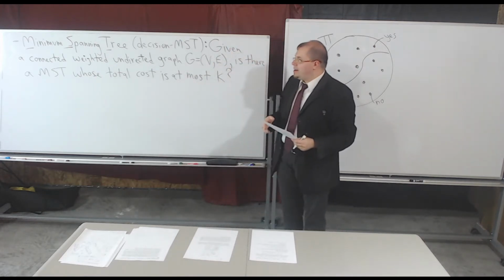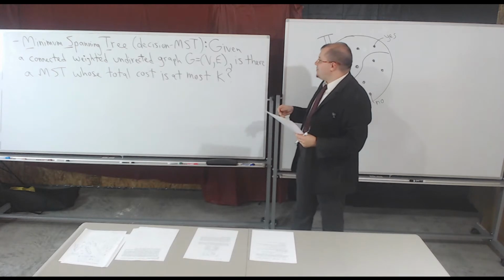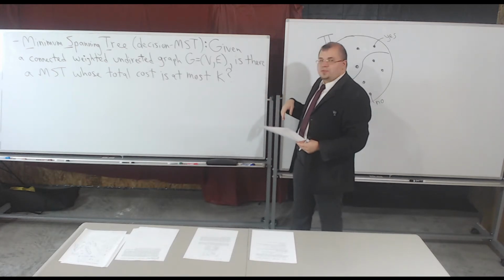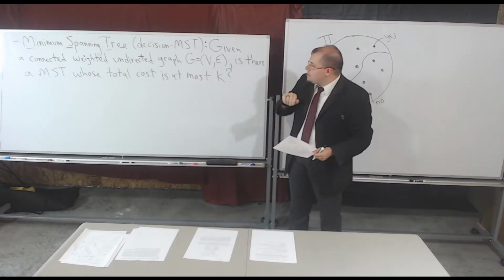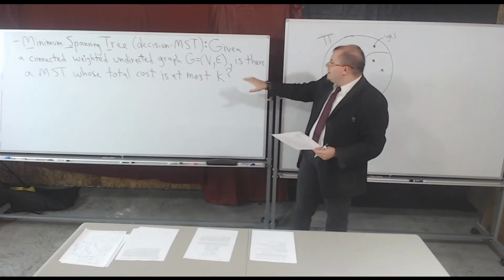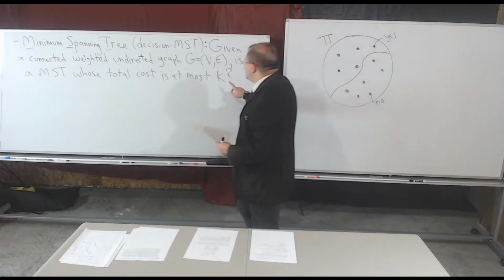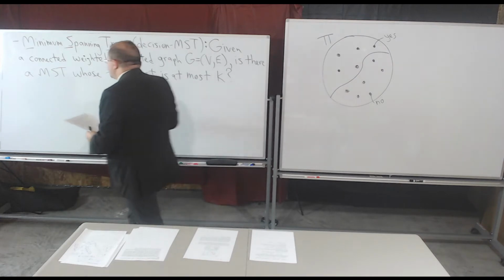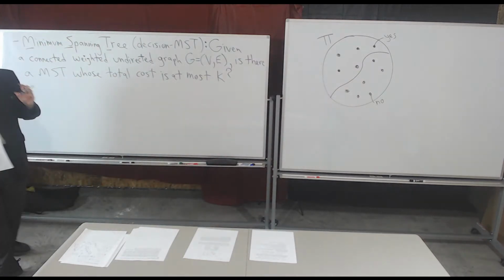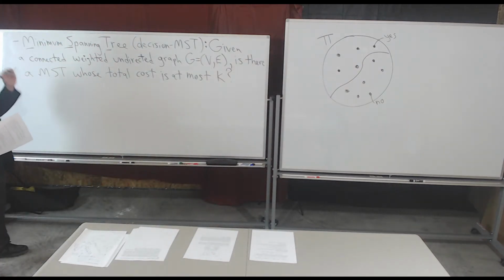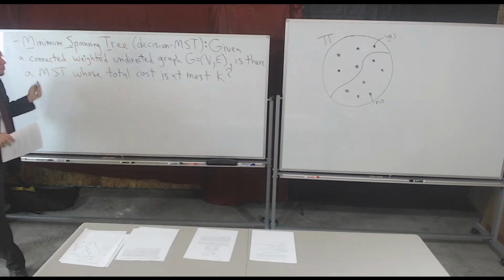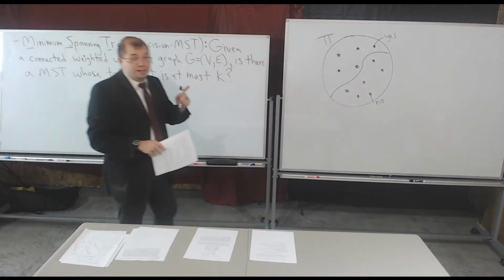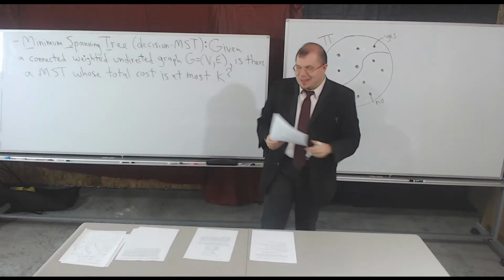Given a connected, weighted, undirected graph, that's a mouthful, G equals (V, E), is there a minimum spanning tree whose total cost is at most k? You'll notice that I've introduced another parameter which, if you're familiar with this problem, isn't normally there. This is the part that makes it more about a decision. Either a minimum spanning tree with such a cost exists or it does not. So it's a yes or no.